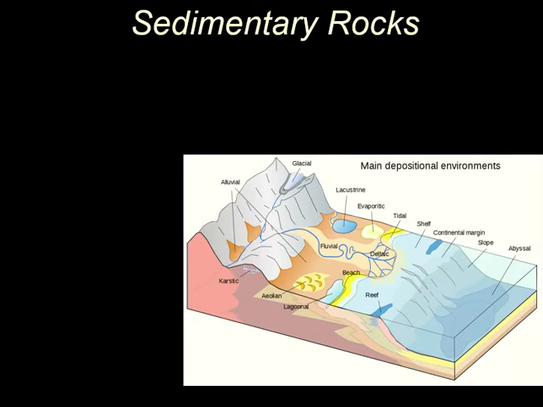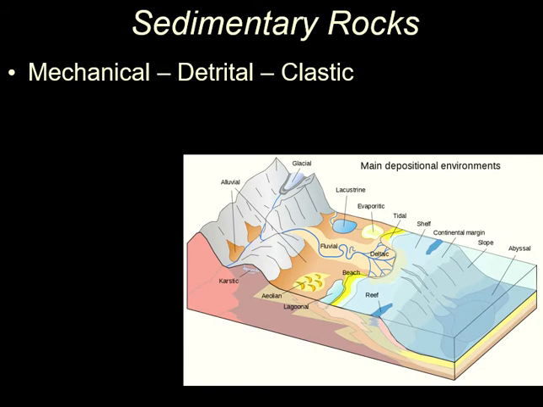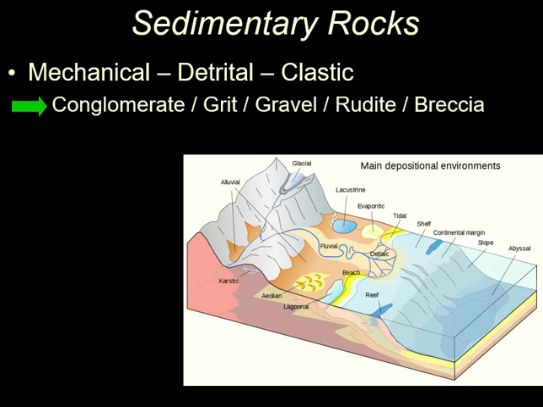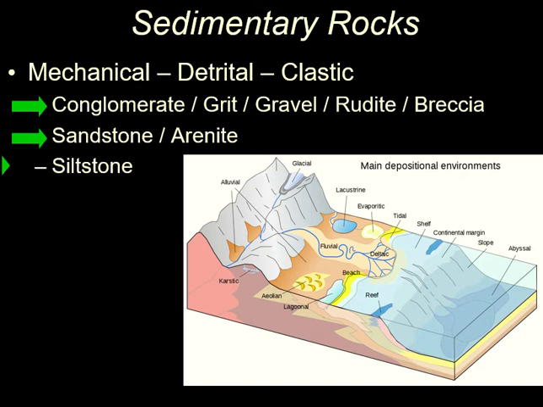So let's go through these in a bit more detail. Mechanical, detrital, clastic. These are mostly divided by the size of the little fragments of detritus. Really big bits are often called conglomerates, or grit, or gravel, or rudite, or breccia. Slightly smaller are called sandstone, or arenite.